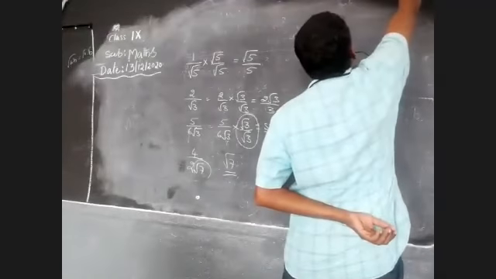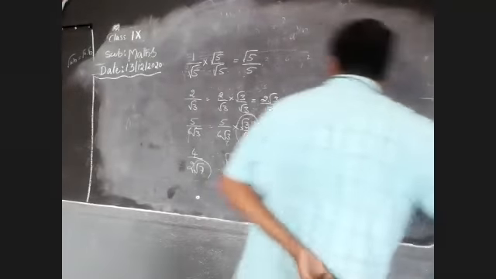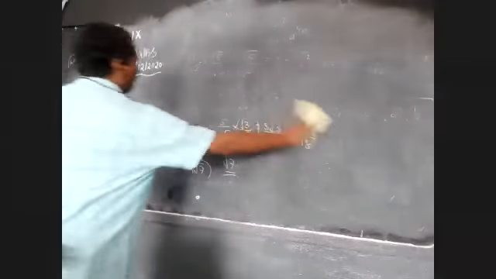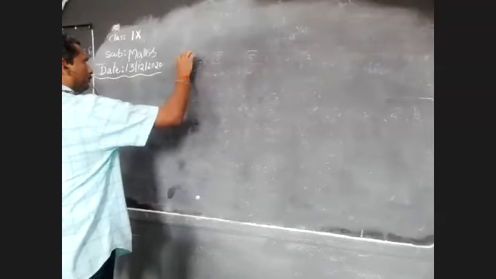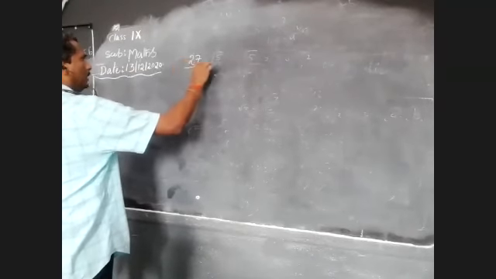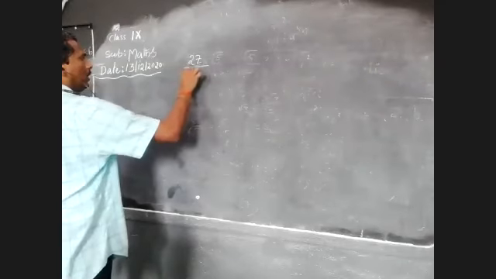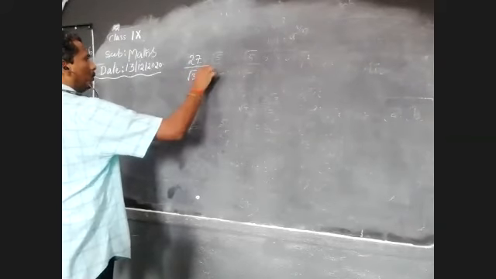Suppose it is given like this: 27 by root 3 plus root 4.